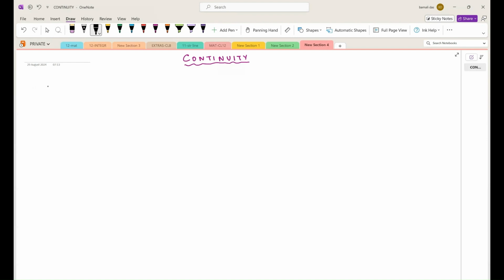Okay, so I'm starting with continuity. So, definition of continuity. First point, and of course, we are talking about real functions only.